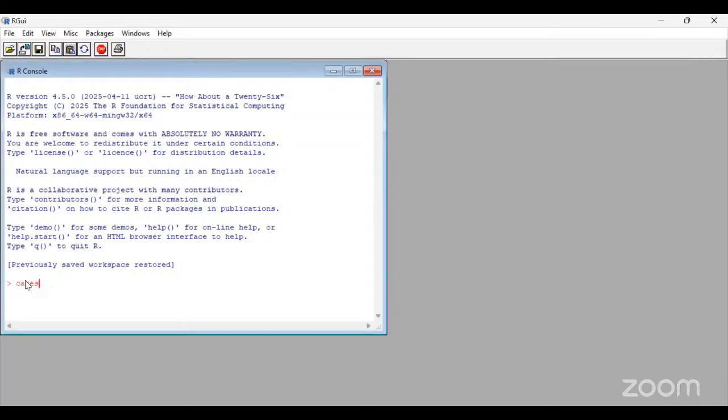Assignment operator, cases, put assignment operator. That is this symbol less than, and then that is greater than. Then a dash. Then read.csv.